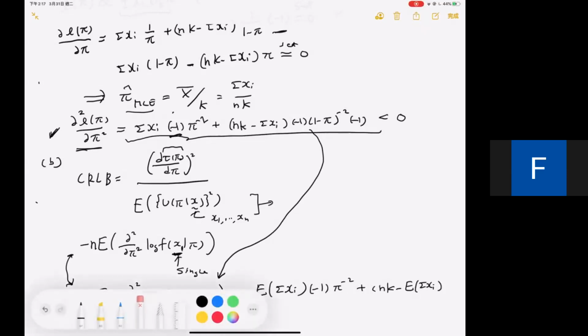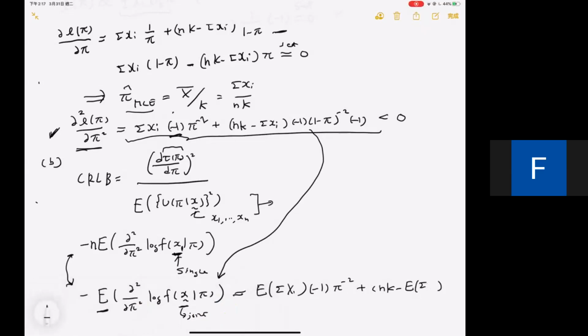Maybe I should write this as a random variable so it's not confusing. Xi random variable, xi random variable. Then times 1 minus pi, then minus 2x.